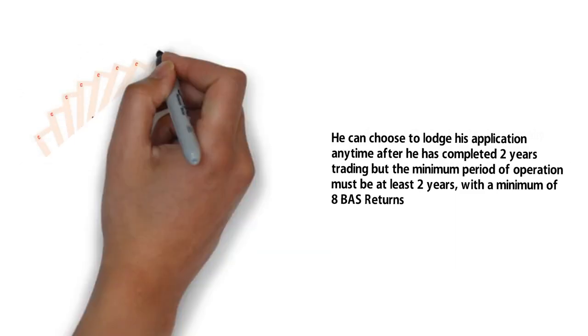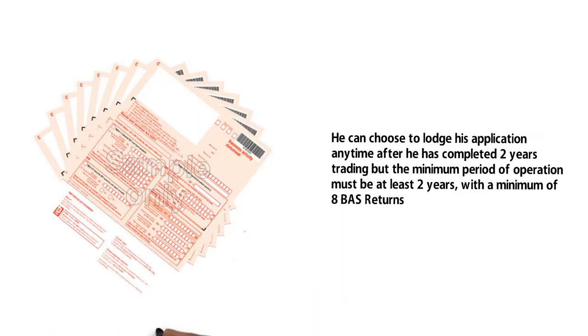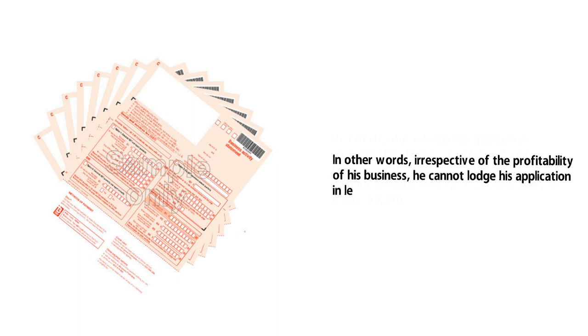He can choose to lodge his application any time after he has completed 2 years of training, but the minimum period of operation must be at least 2 years, with a minimum of 8 BAS returns. In other words, irrespective of the profitability of his business, he cannot lodge his application in less than 2 years.